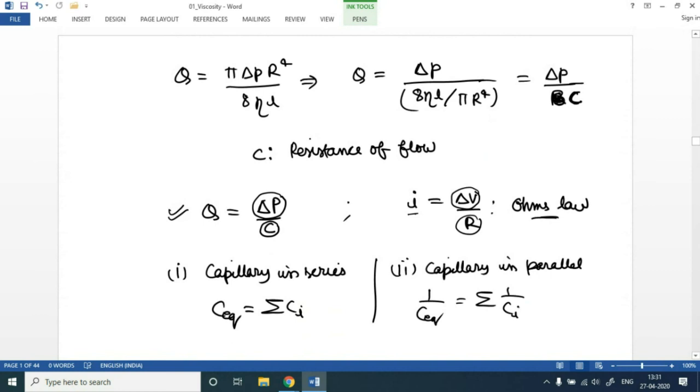Obviously, the value of C, you realize, is nothing but 8 eta L divided by pi R to the power 4. So it not only depends upon the geometry of the pipe, but also upon the property of the liquid flowing inside.